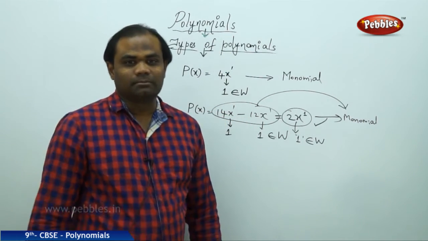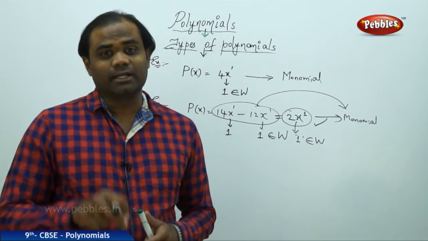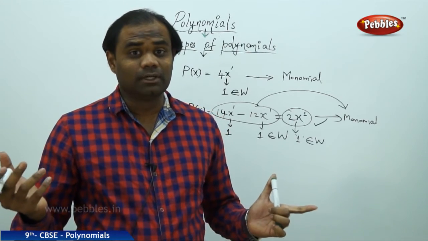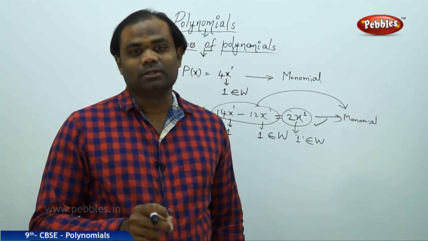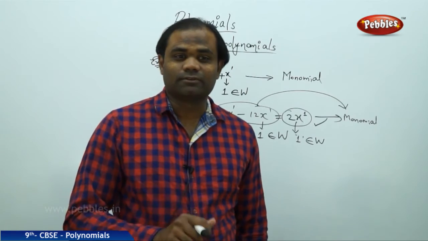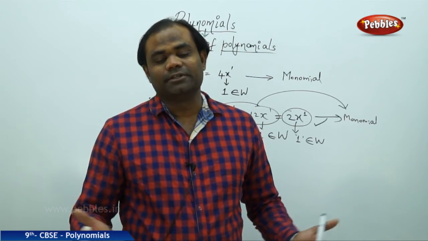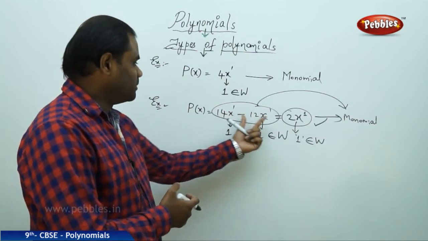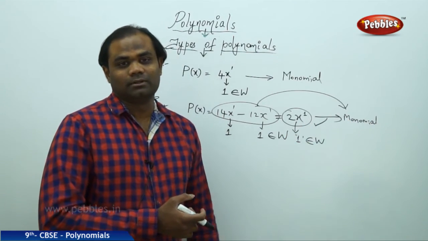So the learning outcome in this example problem is that when we decide whether a polynomial is a monomial or any other polynomial of more than one term, we first simplify the given polynomial to its most simplified form and then decide on the number of terms in the polynomial. The number of terms decides the definition of that particular polynomial. In this example, this simplified to 2x, and hence it's a monomial.